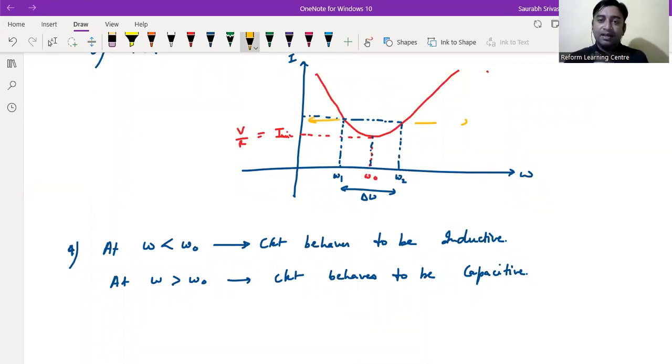Also, it is passing the higher frequencies, and this frequency band is stopped by the filter. This frequency band पे conduction नहीं है. Minimum conduction. We can say it is a band stop filter or band reject filter. क्योंकि ये lower frequency को पास कर रहा है, higher frequency को पास कर रहा है, केवल इस frequency को ये पास नहीं कर रहा.